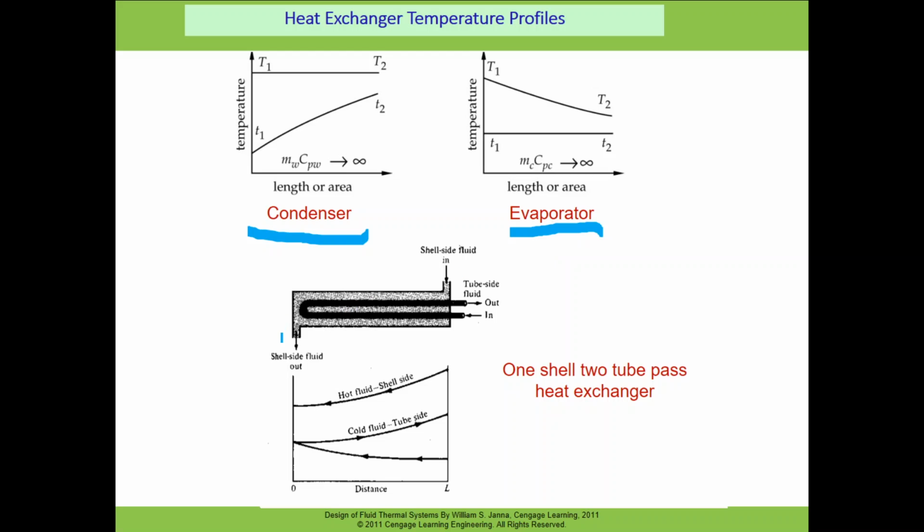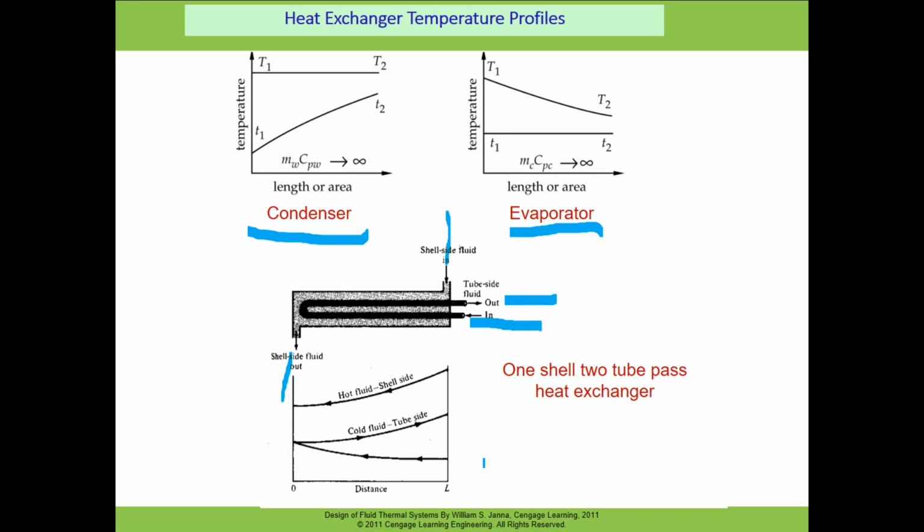This is the third kind of configuration, where we have a U tube inside the big diameter shell. So we call it one shell and two tube heat exchanger. If you see the temperature profile for that, here we have the warm fluid entering into the shell and cold fluid entering into the tube. The warm fluid enters from here and exits from here, the cold fluid enters from here and then exits from here.